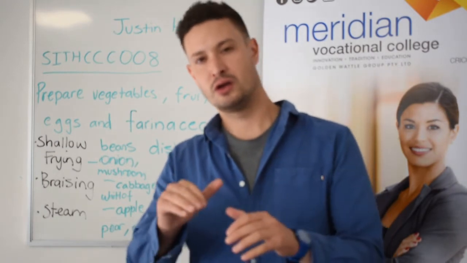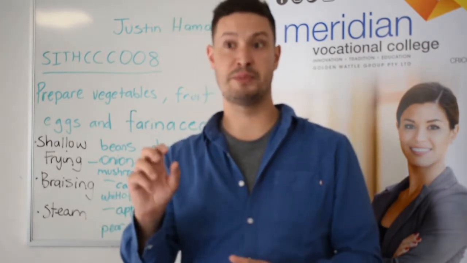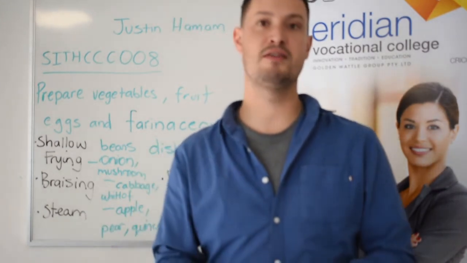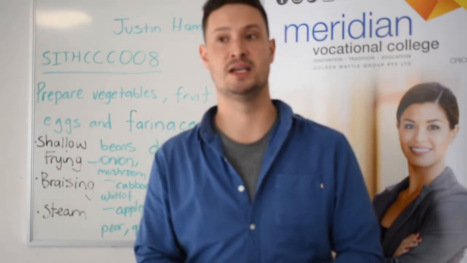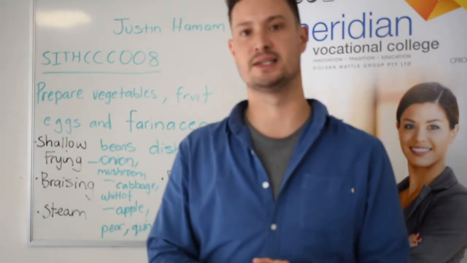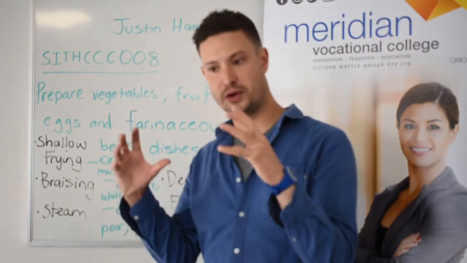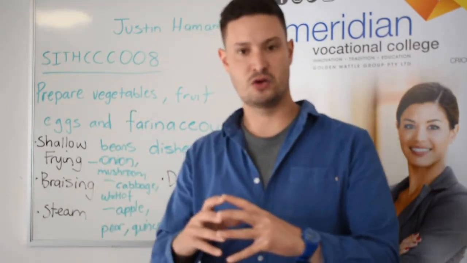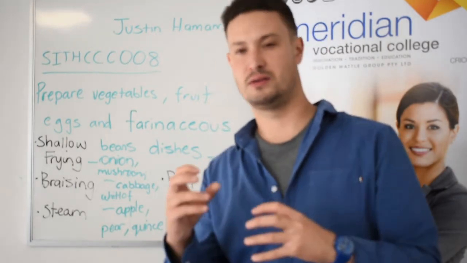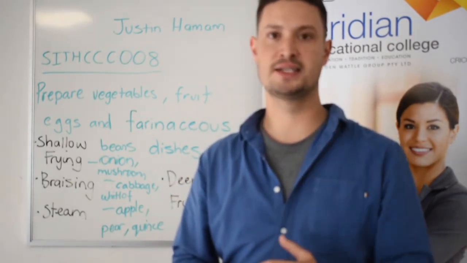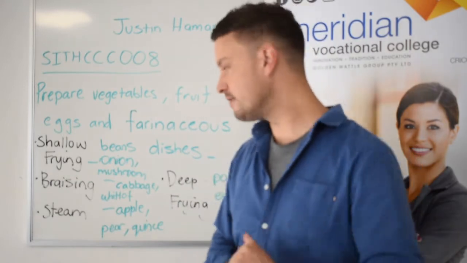When we're deep frying, our temperature should be 175 degrees to 180 or 190 degrees. So we're cooking evenly. The outside is not cooking too quickly, but the inside is cooking, and the outside is getting nice and crispy. Okay, so deep frying.